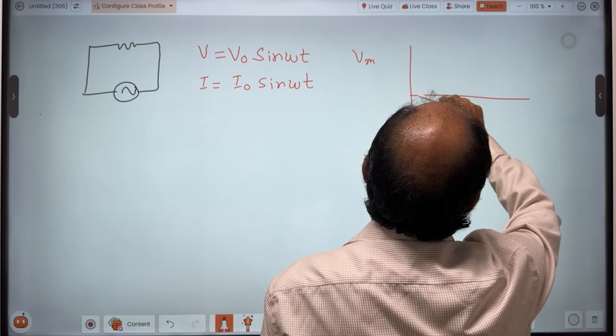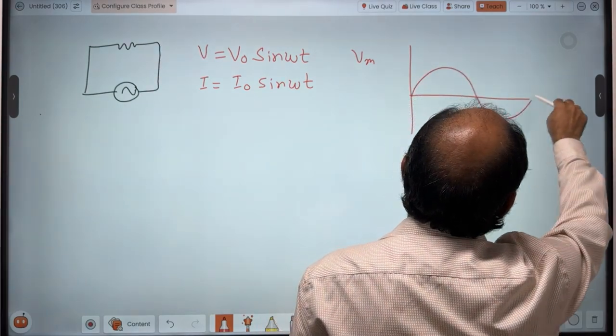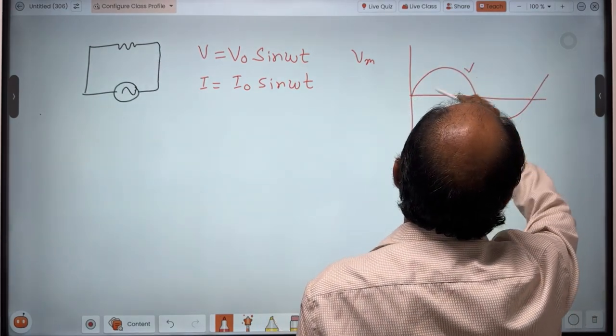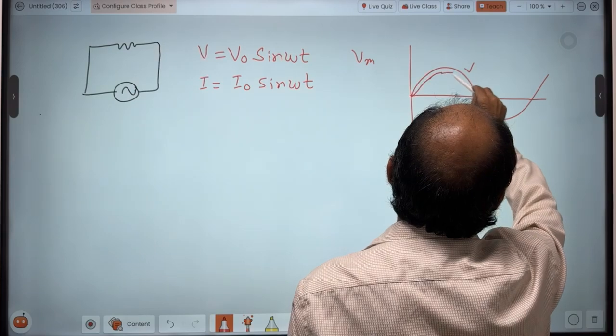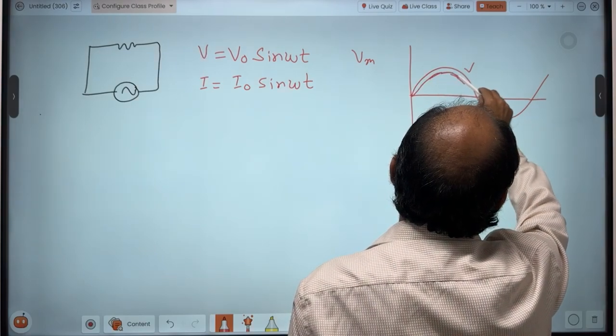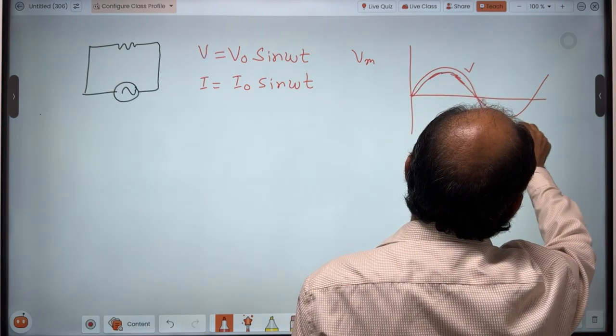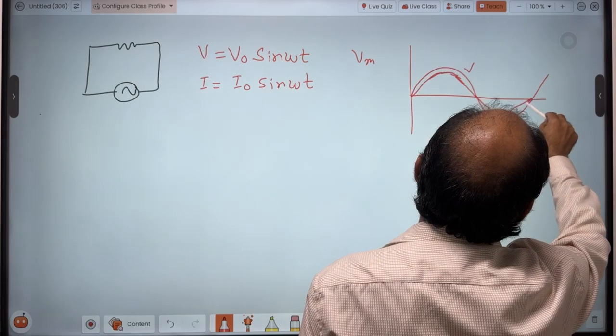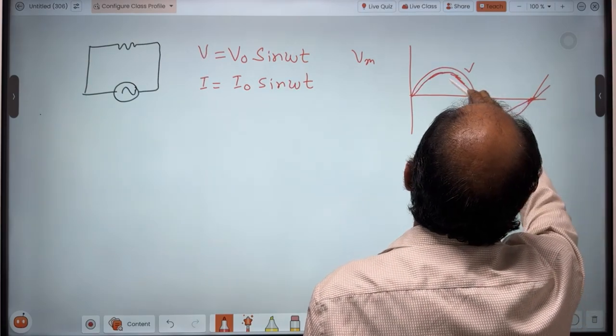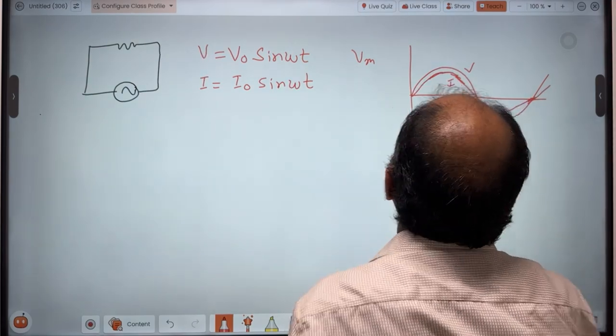So graph will look like this. If this is voltage, then current will be like this. Correct? So this is current.